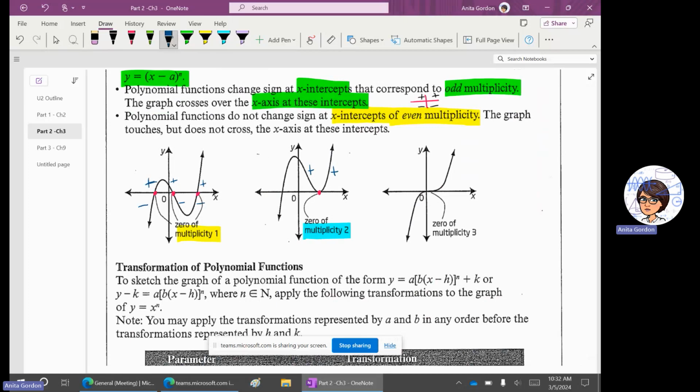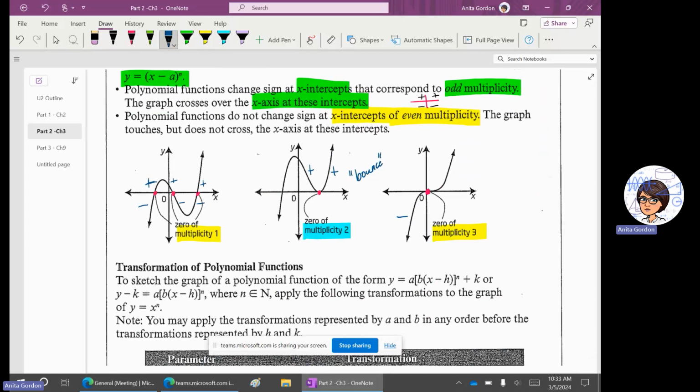So this is what we call, you can think of it as a bounce. Remember when we did parabolas in Pre-Cal 11, we called it the bounce x-intercept. It does not cross the axis, it just hits it and comes back up. And another example here, multiplicity of 3. So here we have a cubic, I believe, crossing over the x-axis.